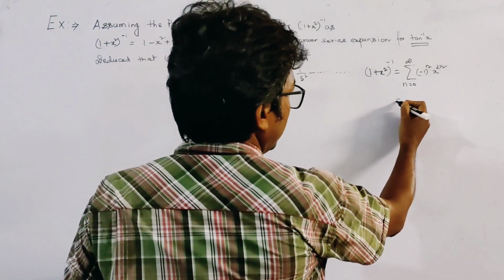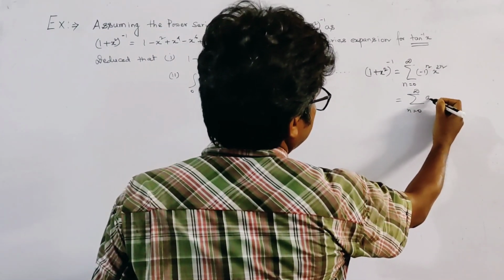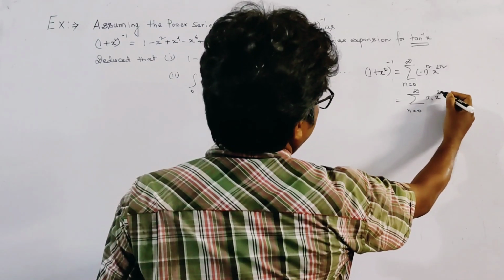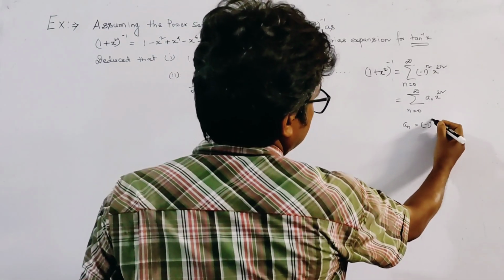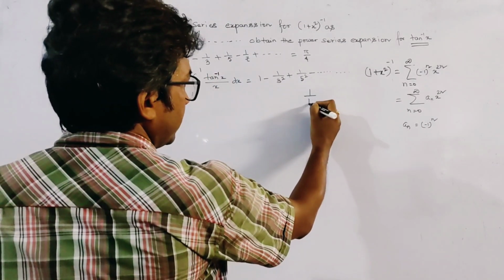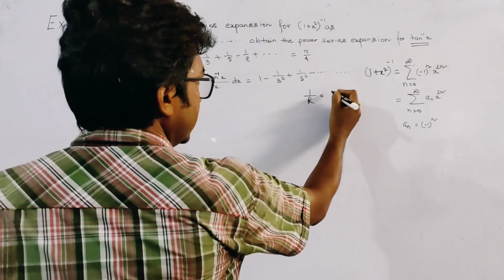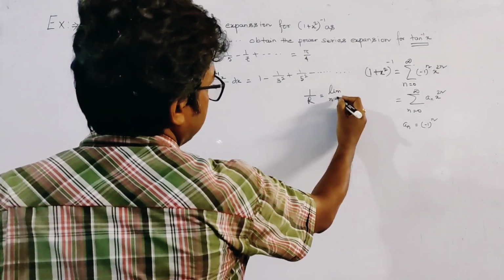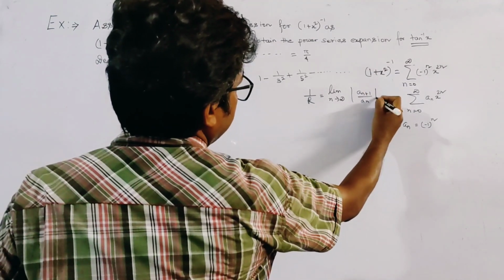Comparing with the power series summation n equal to 0 to infinity an x to the power 2n, we get an equal to minus 1 to the power n. So we use the formula of radius of convergence: 1 by r is equal to limit n tends to infinity mod of an plus 1 by an.